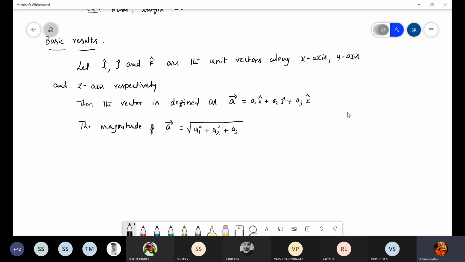Here A1, A2, A3 are the magnitudes, the quantity for a vector. And i, j, k show the direction. I will give a small difference with an example.